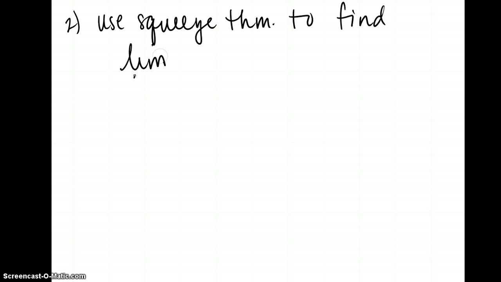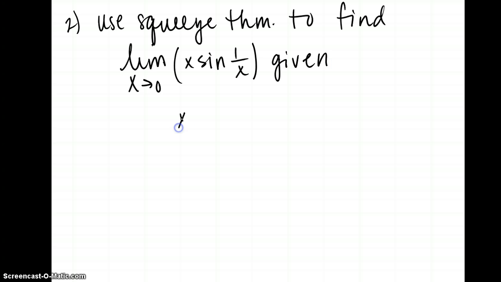Define the limit as x approaches 0 of 1 over x, given this trig function bounded above by the absolute value of x and below by the opposite of the absolute value of x.